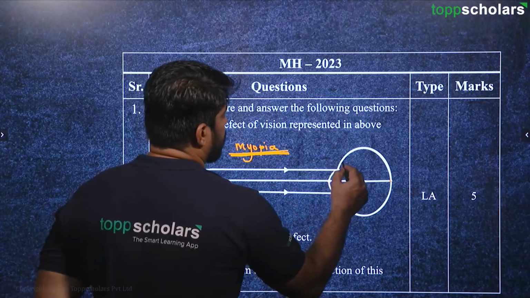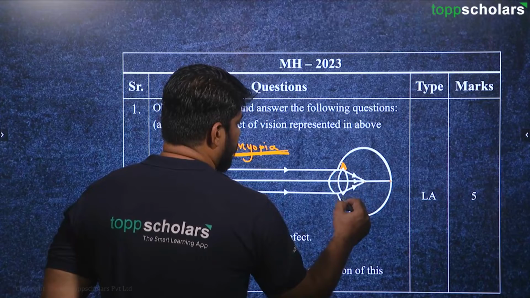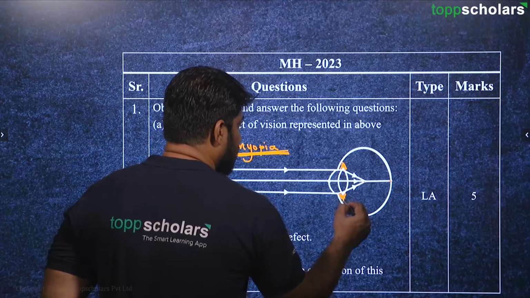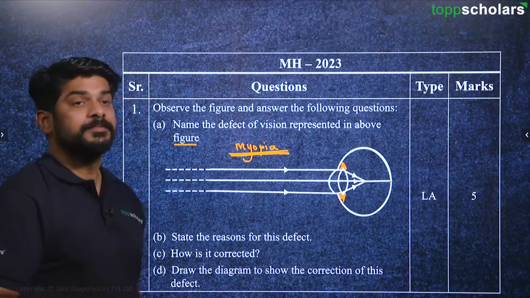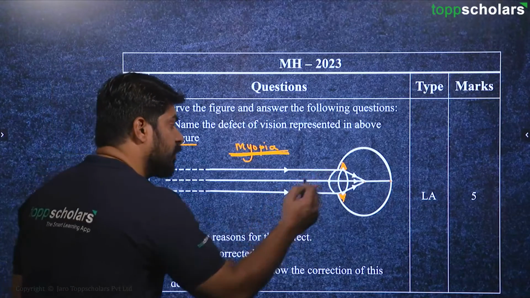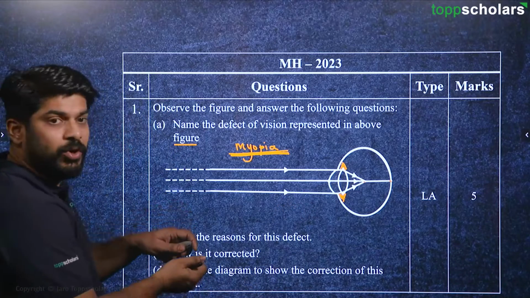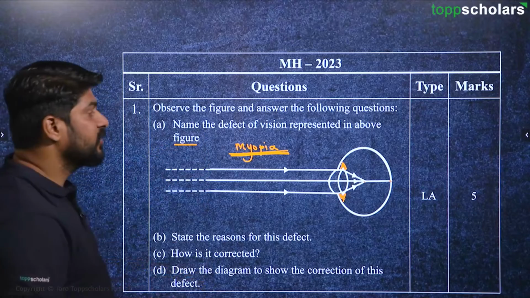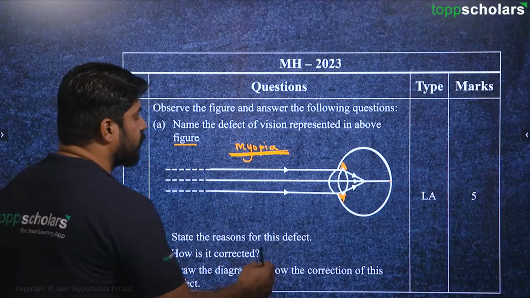And basically this crystalline lens is connected with the ciliary muscles over here, which help us in changing the focal length of this particular lens, okay, by either contracting the lens or enlarging the lens. So state the reasons for this defect.